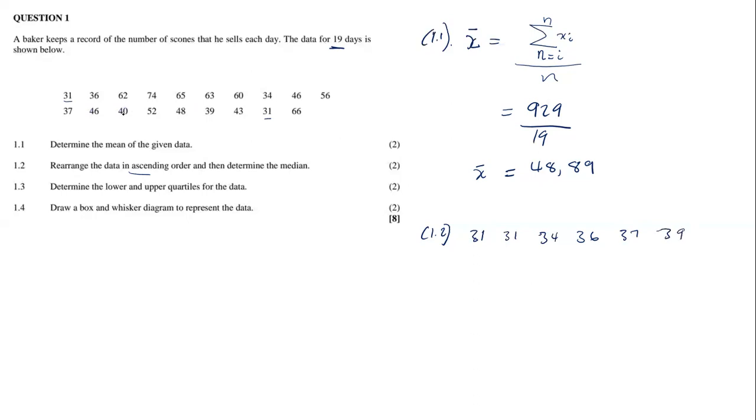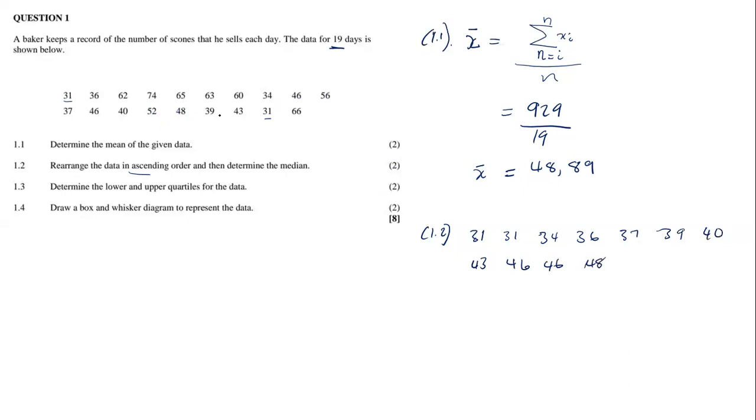After 39, I see 40, only one 40. After 40, I see 43, only one 43. After 43, I see 46. We have two of them, 46 and 46. And then after 46, what do I see? 48. I have only one 48.